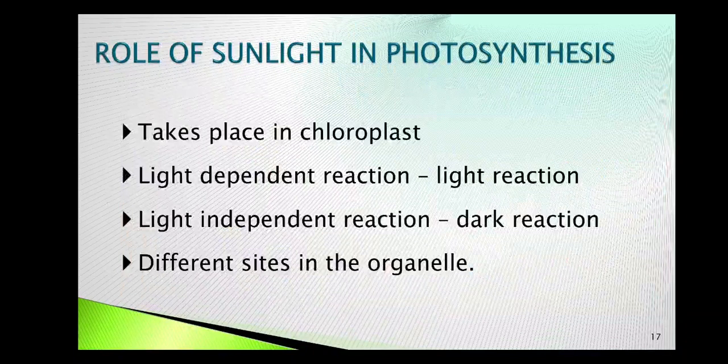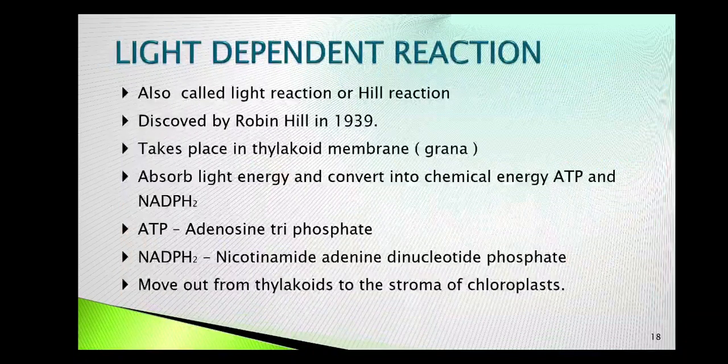But even though they take place in the chloroplast, they take place at different sites, because the light dependent reaction requires sunlight, whereas the light independent reaction takes place in the absence of sunlight. Now we'll see about the light dependent reaction.